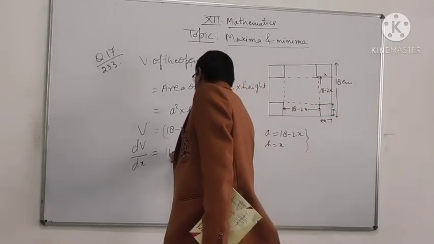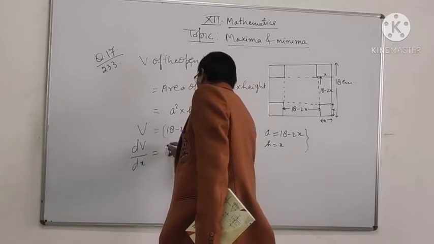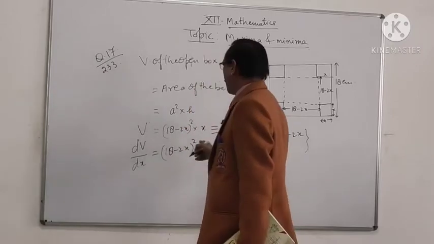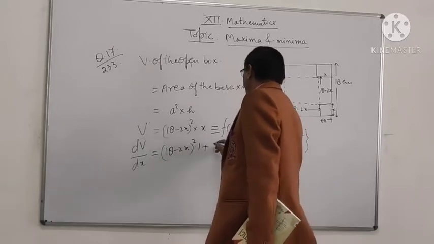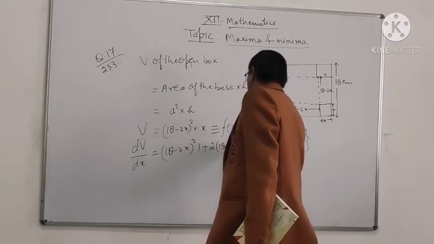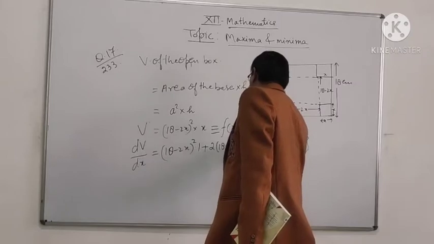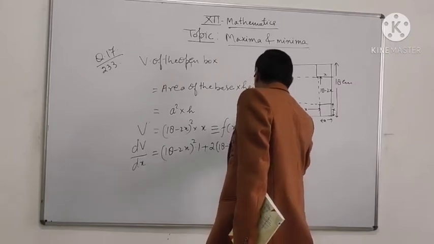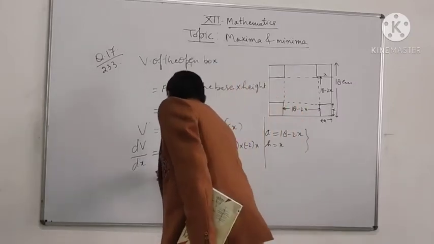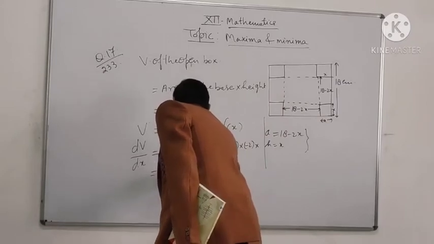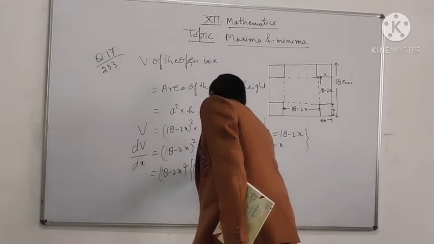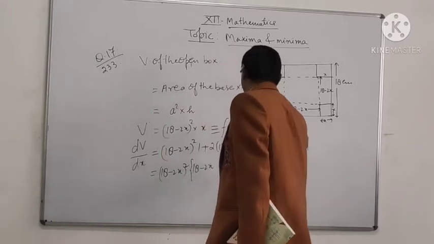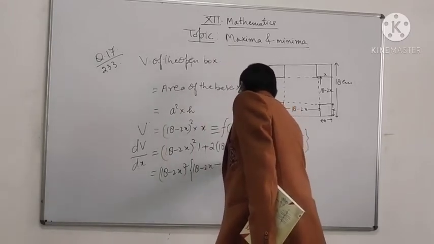It is 18 minus 2x whole square into derivative of x is 1 plus derivative of this is 2 into 18 minus 2x into minus 2 into x. Now here 18 minus 2x common, then it is 18 minus 2x minus 4x.